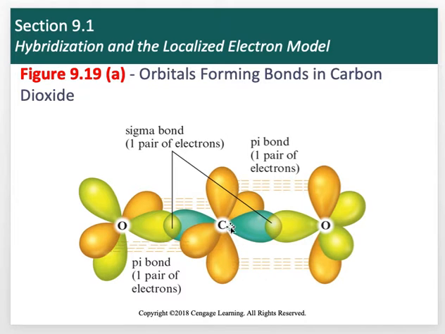And so we draw it like this. These lines are just representing that the unhybridized p orbital of the oxygen is overlapping with the unhybridized p orbital of the carbon, and same with this one and this one. So sigma bond, pi bond, pi bond, just like that.